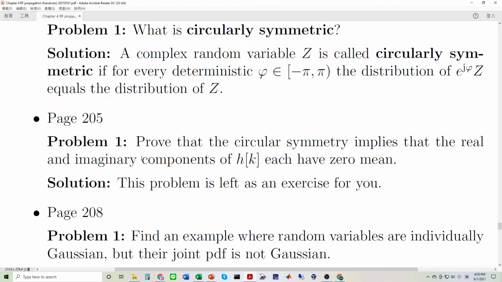Prove that the circular symmetry implies that the real and imaginary components of h of k each have 0 mean.